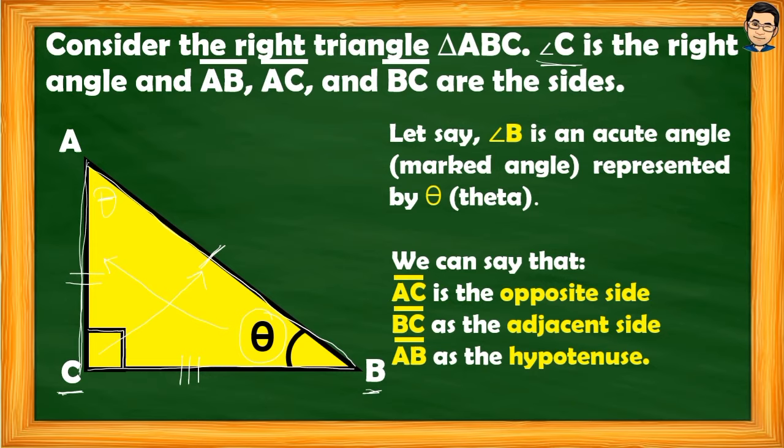I hope naging clear sa inyo yung opposite side, adjacent side, and hypotenuse. Yung adjacent side tsaka opposite side, maaaring magkabaligtad ng pwesto dahil sa marked angle, yung theta. Pero yung hypotenuse, hindi kailanman mag-iiba ng posisyon. Basta tandaan nyo, pag hypotenuse, opposite siya ng right angle.